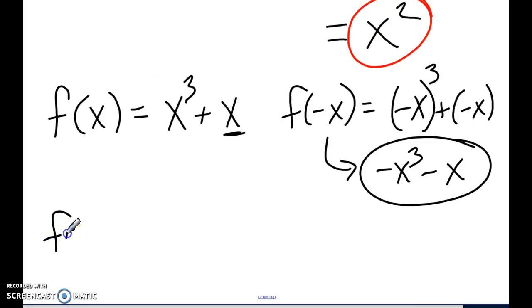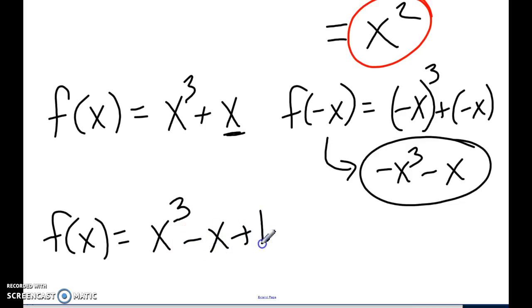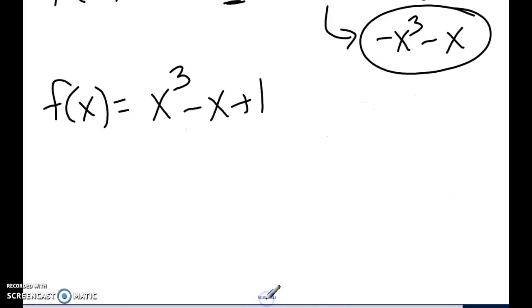So let's suppose we have f of x equals x cubed minus x plus 1. And once again, we want to find f of negative x. I'm going to do an extend page. So f of negative x. So whenever I see x in the original function, I'm going to replace it with negative x.